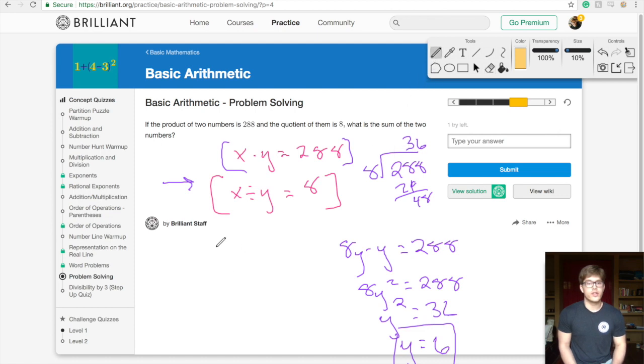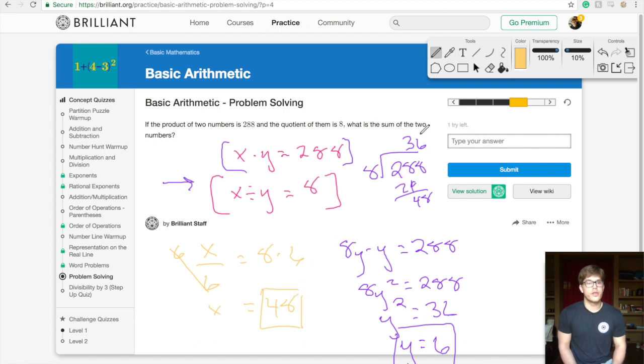Change colors. All right, so we have x divided by 6 equals 8. This might be a little bit easier to do it this way. We can multiply both sides by 6 and get x equals 48.